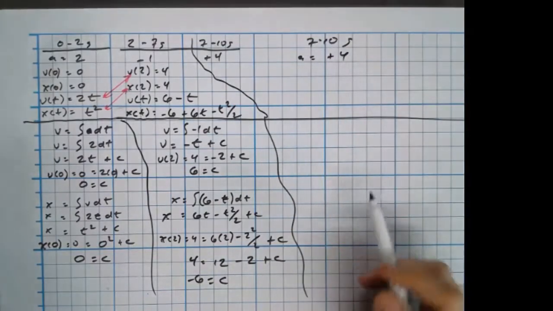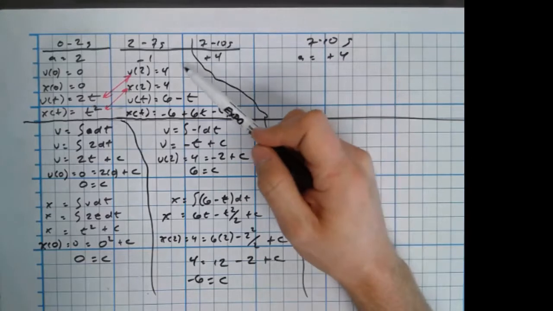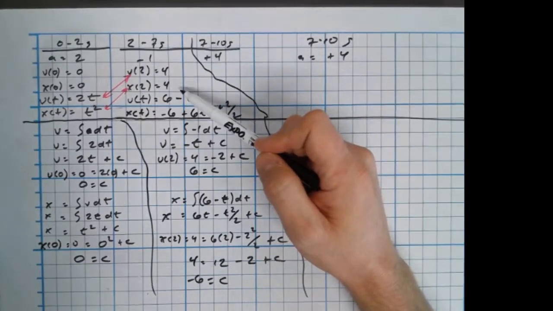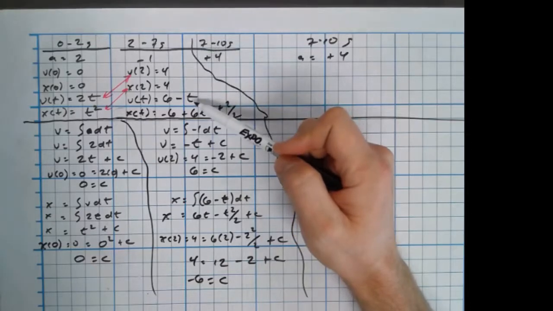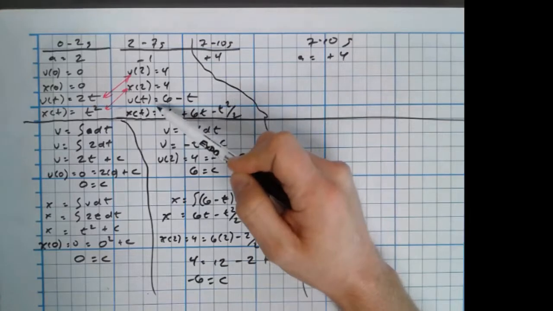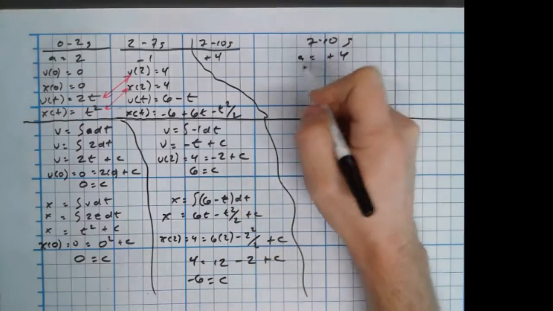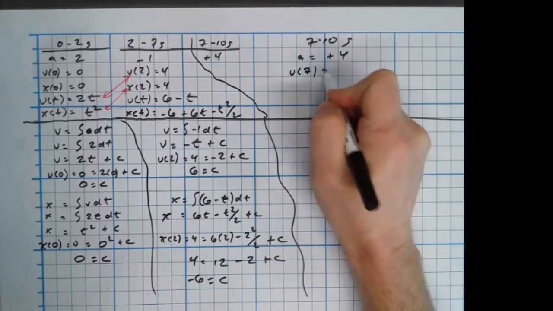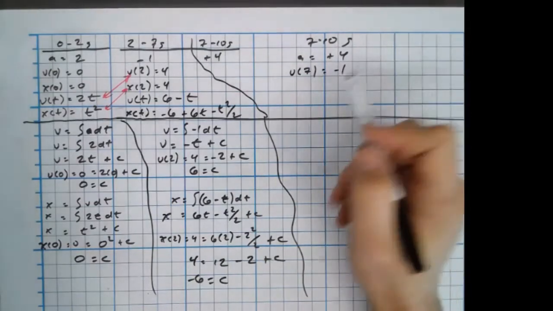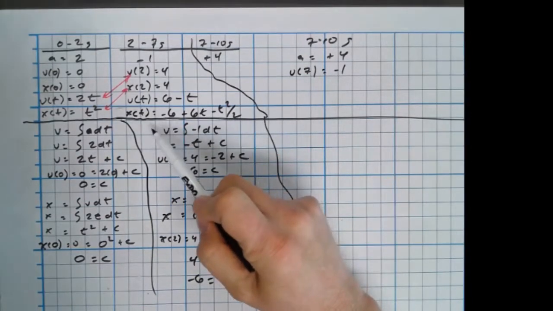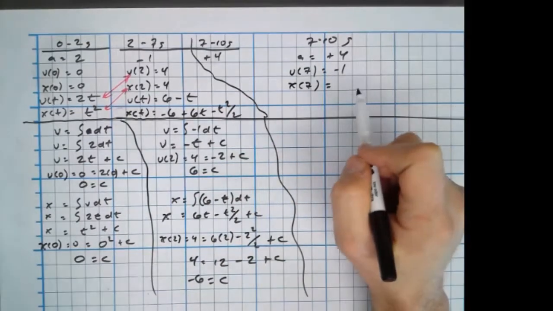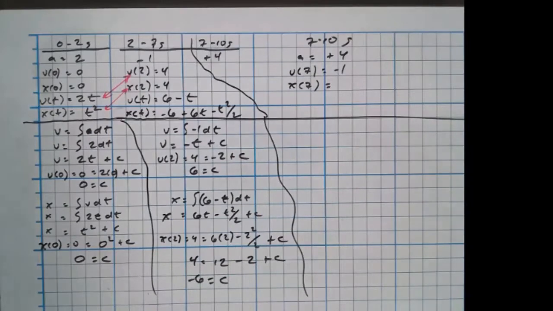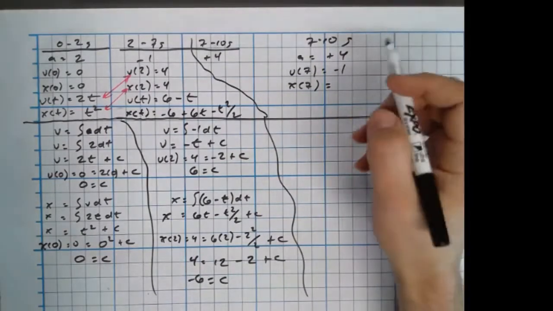Okay, so then I need to know, just like before, a starting velocity and a starting position at time 7. So to get that, I'm going to have to plug those times into these velocity functions for the previous time domain. So the velocity at time 7 was 6 minus 7, which is -1. So v of 7 equals -1. Then I've got position at time 7, x of 7 equals, I worked this out on another whiteboard.